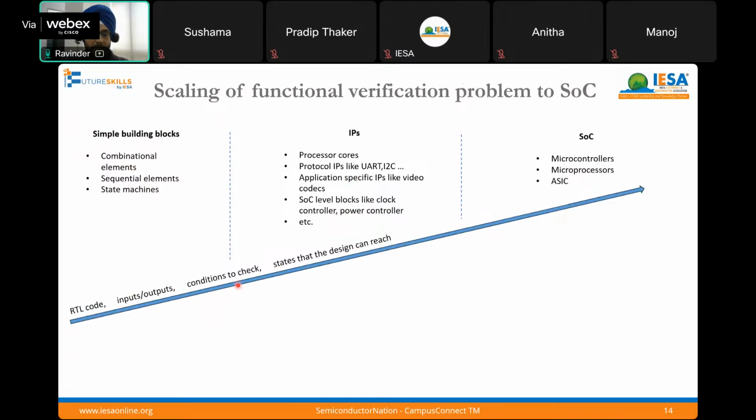The conditions to check are also increasing as we go to the SoC, as are the states that the design can reach. Now it's a complex combination of complex IPs, so the states that the design can actually reach are also increasing. So how is this complexity handled at the SoC?